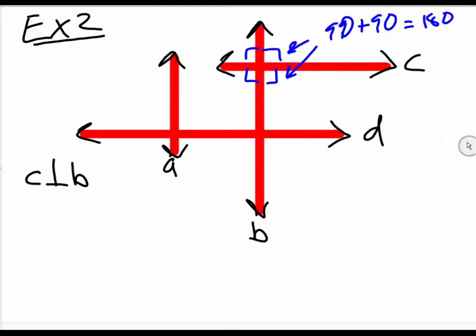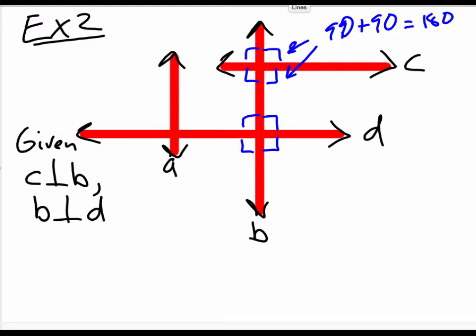Next, they tell us, so this is given to us. Next, they tell us that B is perpendicular to D. So, again, we're going to go to B and D where they intersect. Boom, boom, boom, boom. All right, that's cool. Now, right off the bat, before I go any further, what do we know about D and C? Parallel?